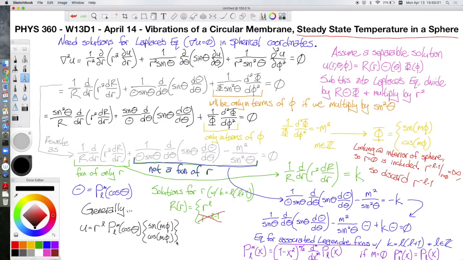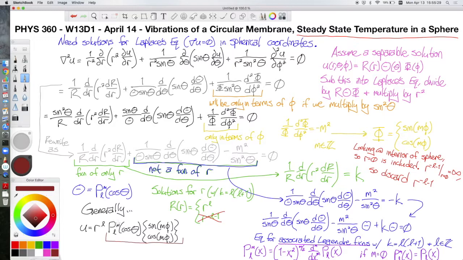R to the L times P sub L superscript m of cosine of theta, that is the associated Legendre function, times either the sine of m phi or the cosine of m phi. And there's a special function that has its own special name that is buried in part of this equation that I want to draw your attention to, and that is just the angular components of this solution, the parts that don't depend on r.